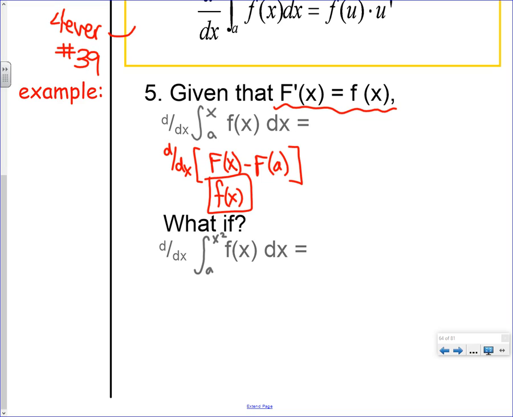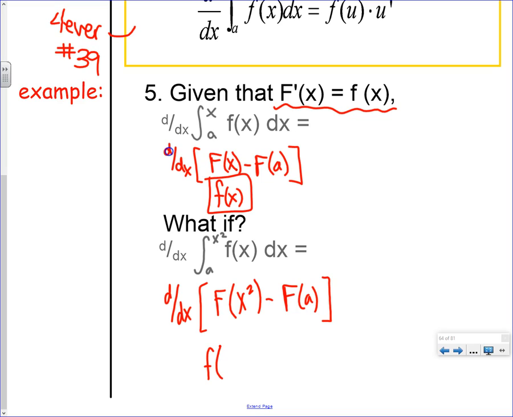However, what's different here? If I was to do antiderivative of b, who am I plugging in? X squared. Maybe now you can see, maybe not quite yet. Minus antiderivative of a, right? Now take the derivative. Check it. Take the derivative of this guy. What's the derivative of the outside?